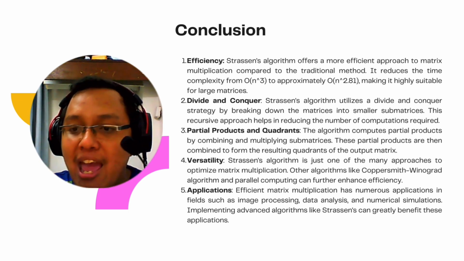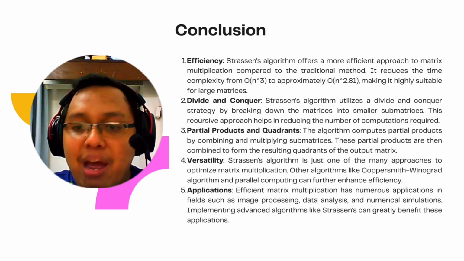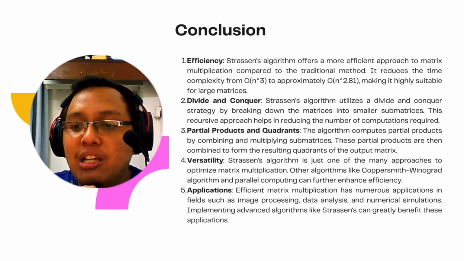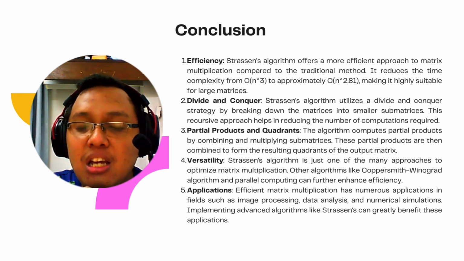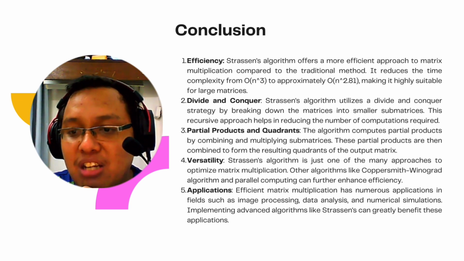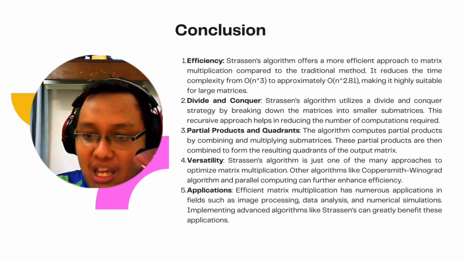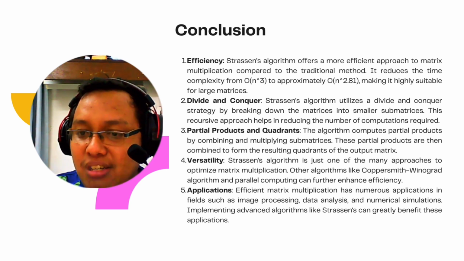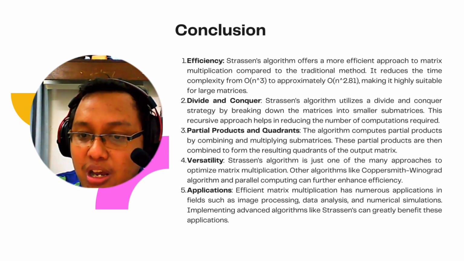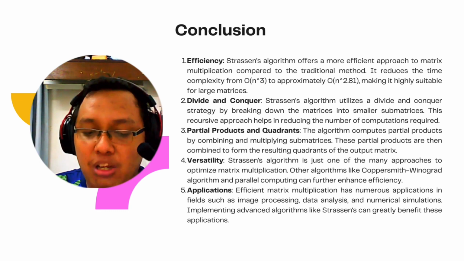Other algorithms like the Coppersmith-Winograd algorithm and parallel computing can further enhance efficiency. In terms of application, efficient matrix multiplication has numerous applications in fields such as image processing, data analysis, and numerical simulation. Implementing an advanced algorithm like Strassen can greatly benefit these applications.